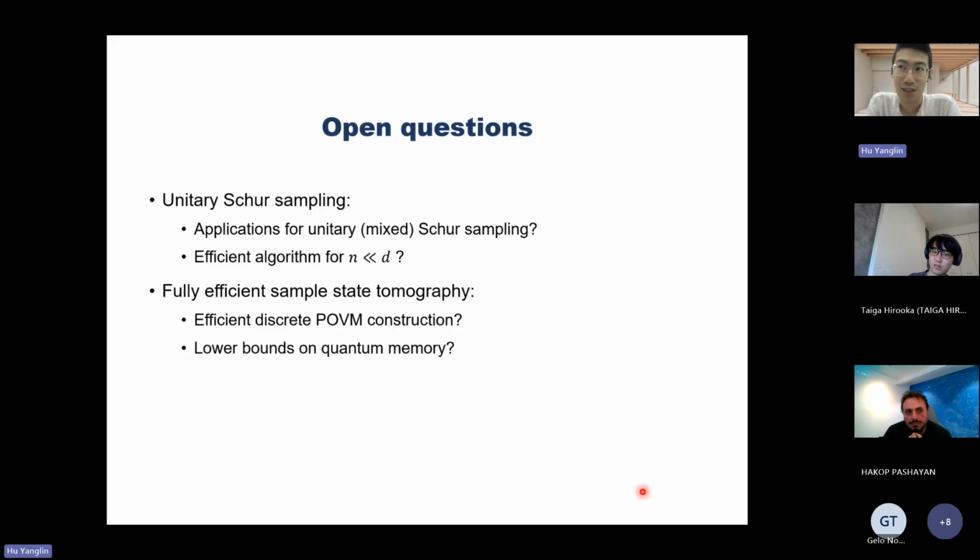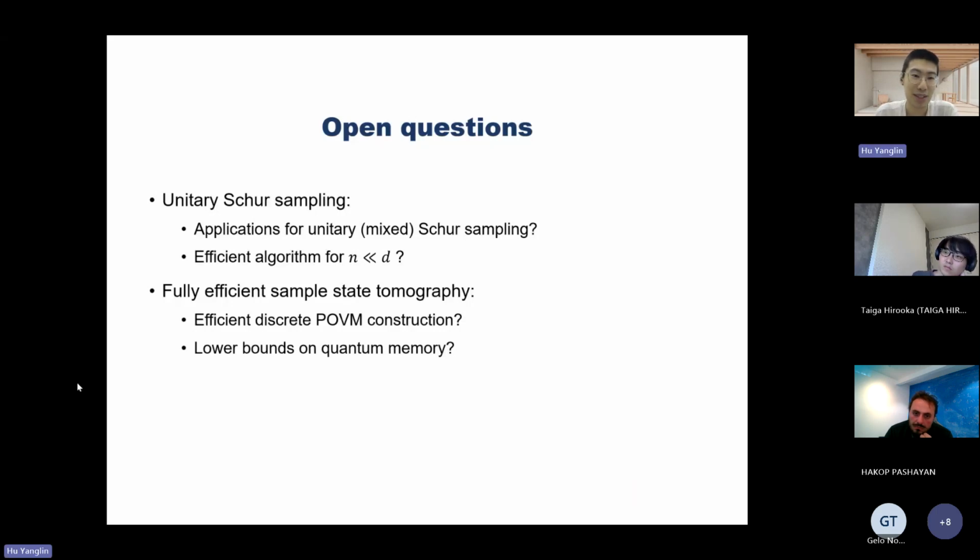But we failed to generalize Robert's method to those groups. Robert visited us last week, and we talked to him. He also wanted to generalize, but he also failed. So this is a question on whether we can find some application for unitary mixed Schur sampling, or more generally, whether we can make use of the Brauer algebra in some more elegant way.